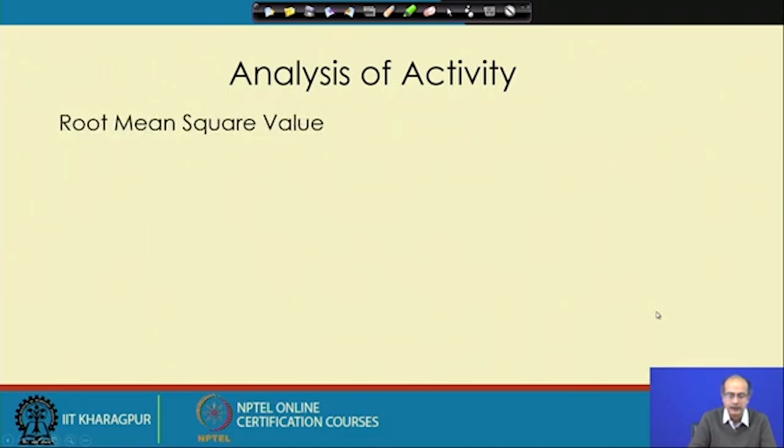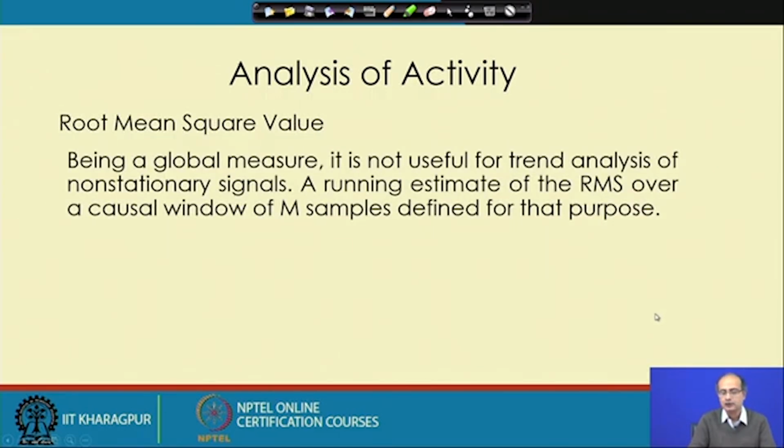Now, this RMS value has one disadvantage: it makes use of the full signal length, and in the case of a non-stationary signal, where the signal characteristics are varying, this average over the complete period of the signal is not very useful.